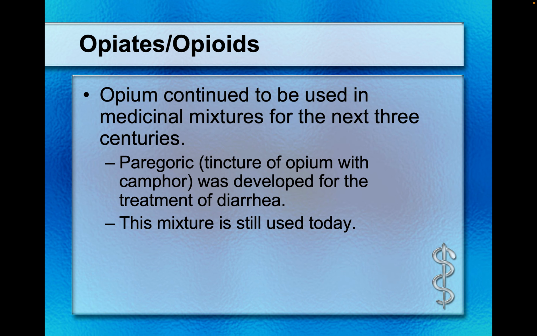Opium continued to be used in medicinal mixtures for the next 3 centuries. Paregoric, tincture of opium with camphor, was developed for the treatment of diarrhea. This mixture is still used today. When my mother had gallbladder disease, she called the pharmacy and they sent her paregoric.